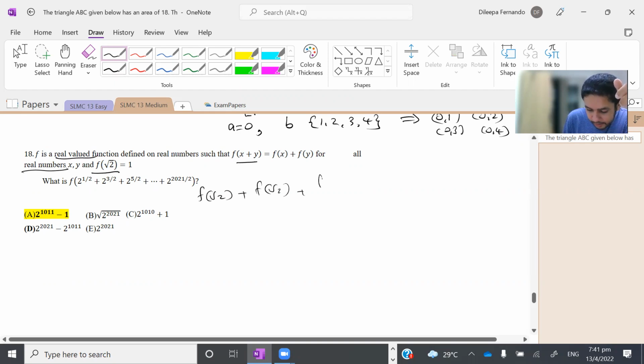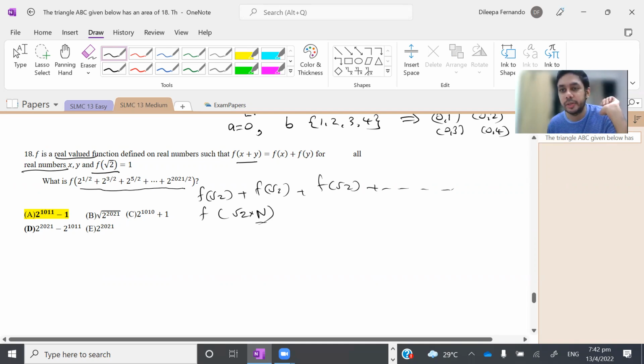Otherwise we can't find this. So that means it should be root 2 into some natural number. So this is the first thing we have to figure out. That means f of root 2 into some natural number, and this natural number should be computed. That means this summation should be written in the form of this.